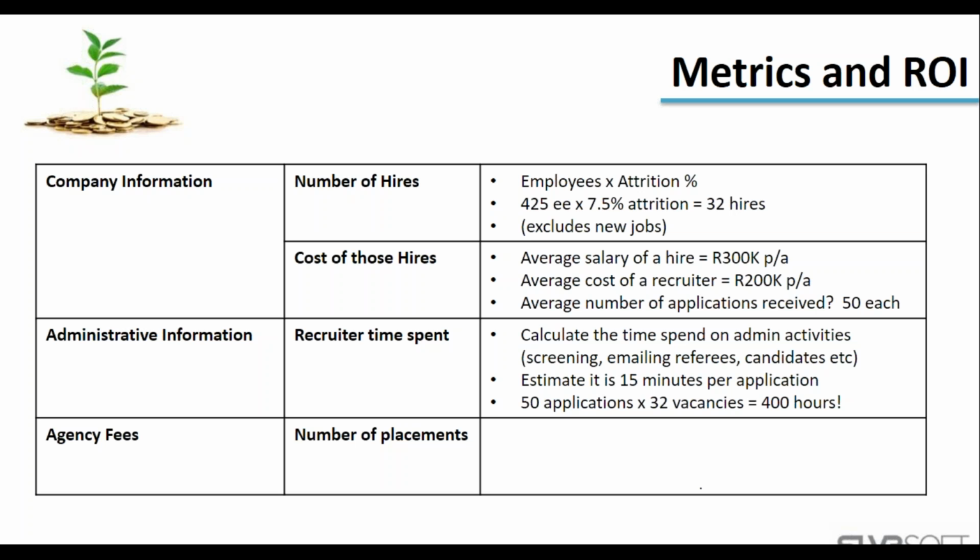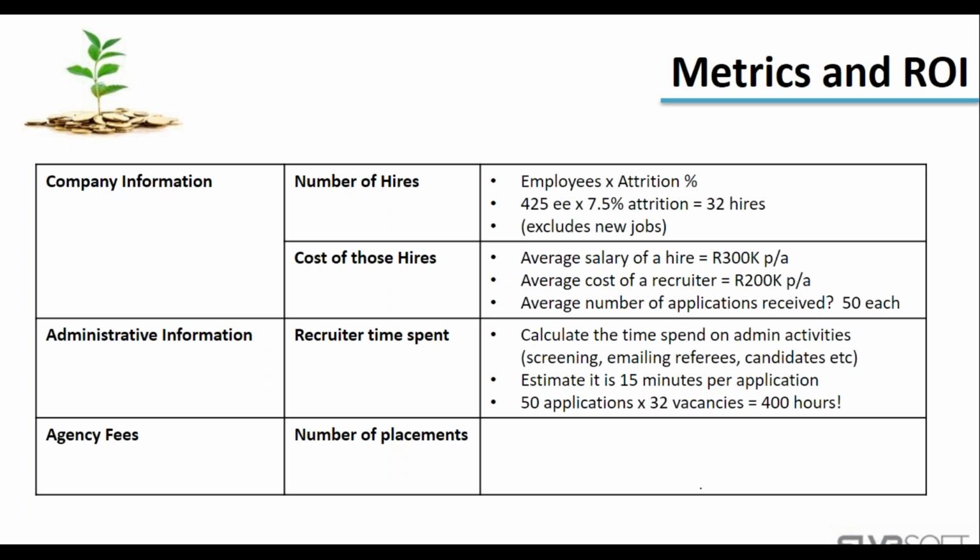And I've once again taken a very conservative approach, and I've estimated that it is at least about 15 minutes per application. So if I'm expecting 50 applications and I'm expecting 32 jobs, that means that I'm spending in total 400 hours on just this administration of recruiting.